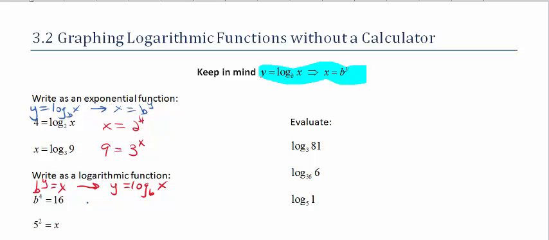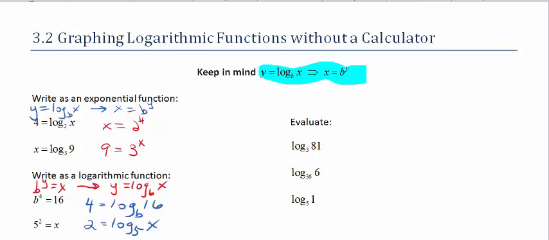So we have 4 equals log base b of 16. Similarly here, our exponent goes by itself, equals log base 5 of x.